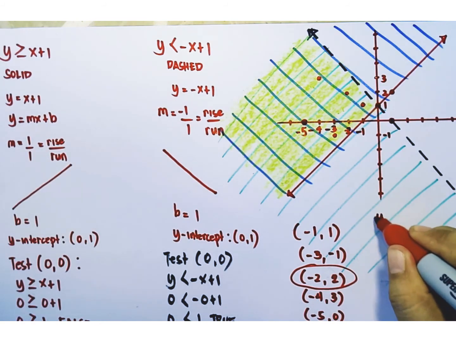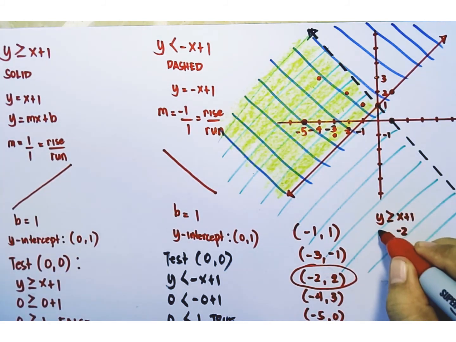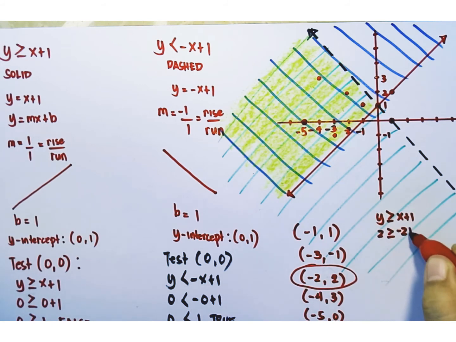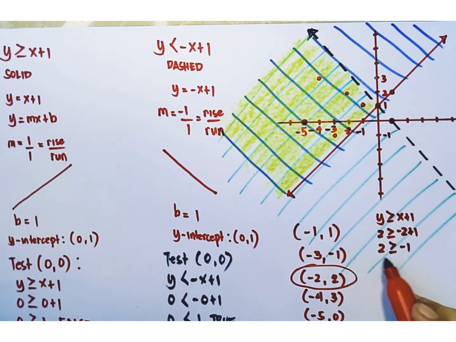So the first inequality is y greater than or equal to x plus 1. Replace x with -2, replace y with 2. 2 greater than or equal to -2 plus 1 is -1. Compare the two numbers. 2 is larger than -1.